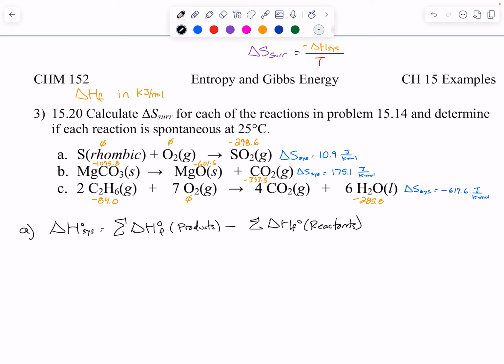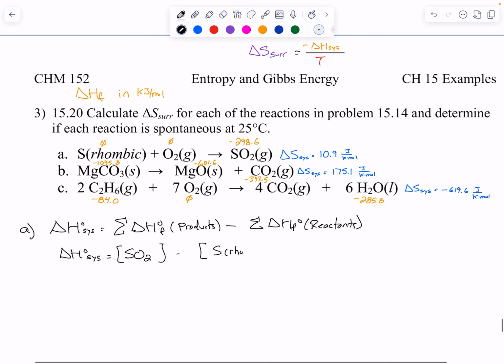For A, we have products: SO2, and again, there's only one of them, minus reactants of S rhombic and O2.